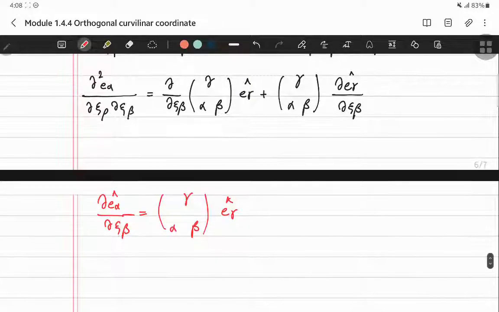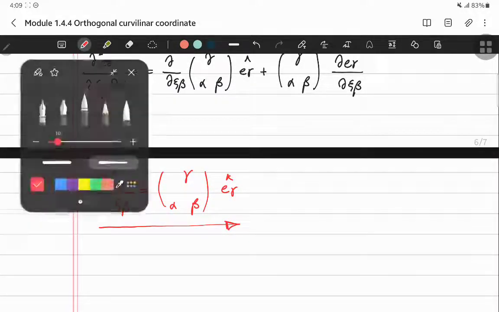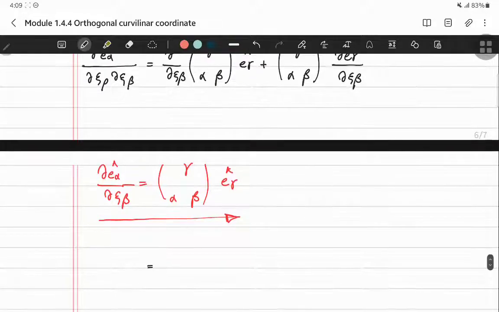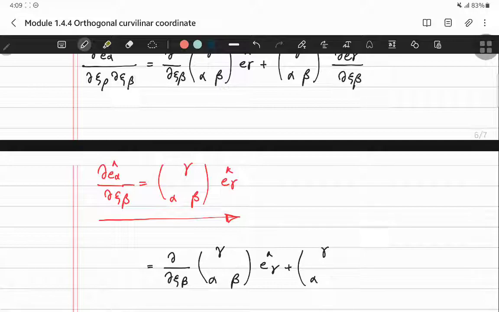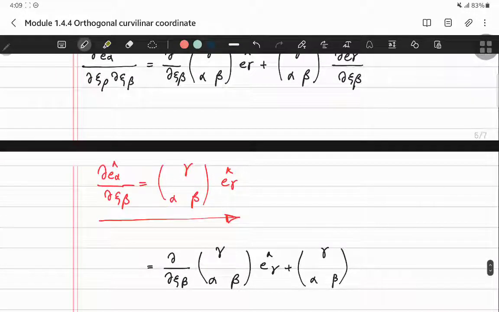So I can write this expression here, using this, as: I simply write the first equation here, Z beta, then I have gamma alpha beta E gamma plus gamma alpha beta, and instead of this E gamma, partial E with respect to Z rho, I substitute this gamma alpha beta E alpha.